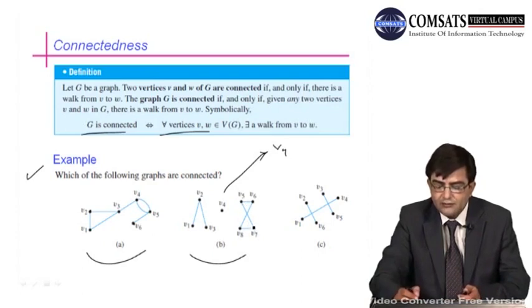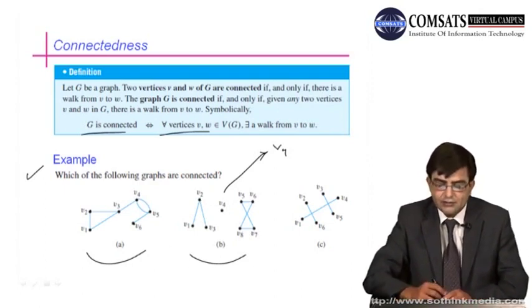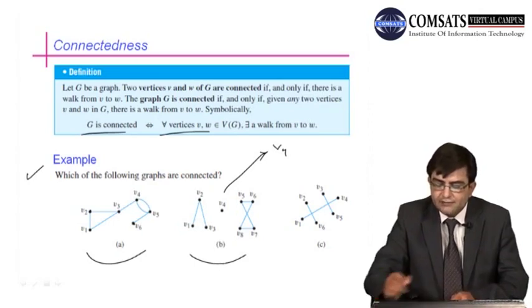Only these four vertices satisfy the condition of walks. But if we choose V3 V6, V3 V4, V2 V4, there is no walk between these vertices, so this graph is not connected.